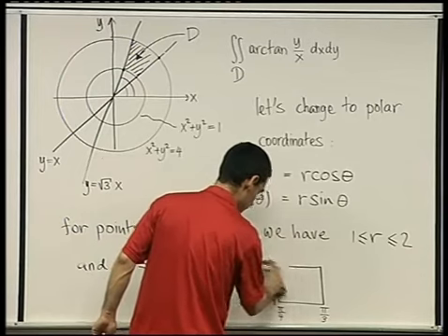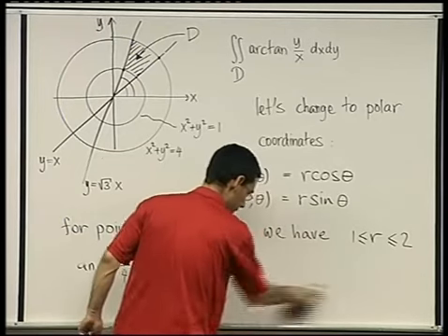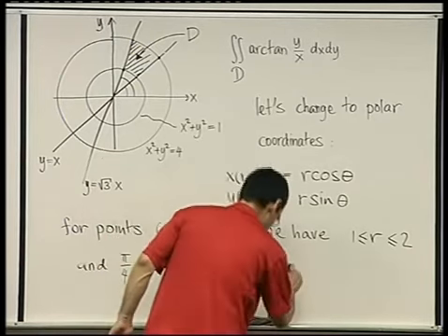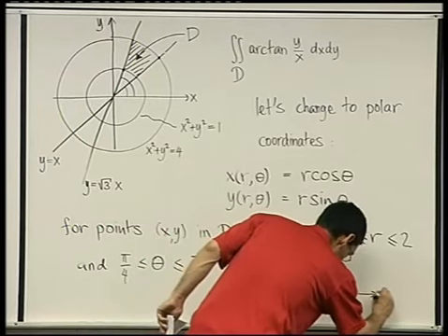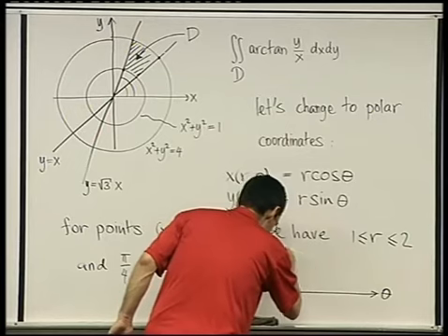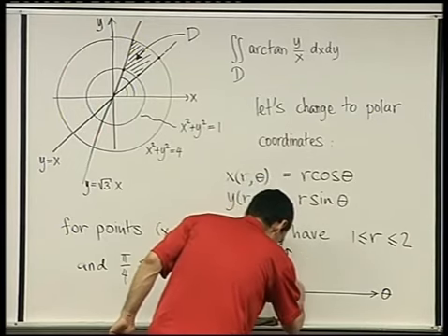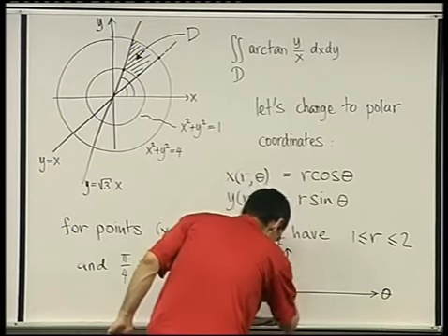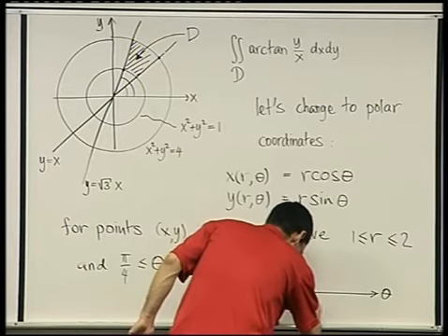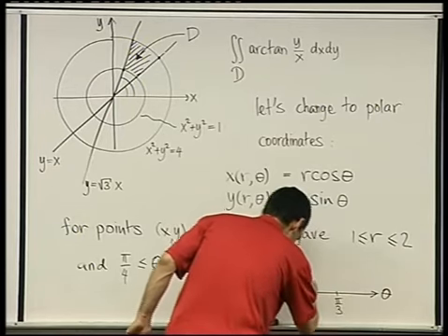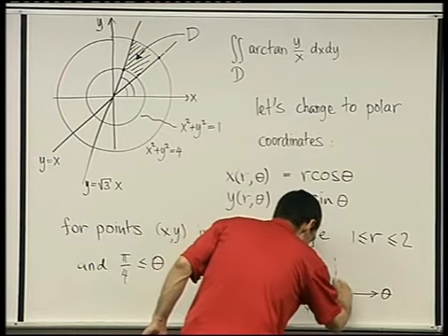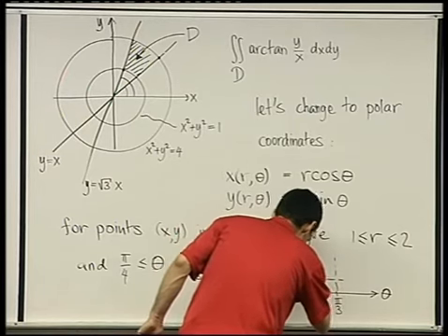Maybe let's write it a bit more carefully. So here's the r theta plane. This is theta, and this is r. And r was between 1 and 2, and theta was between pi over 4 and pi over 3. And our domain was this rectangle.